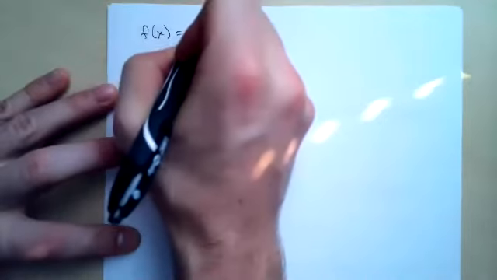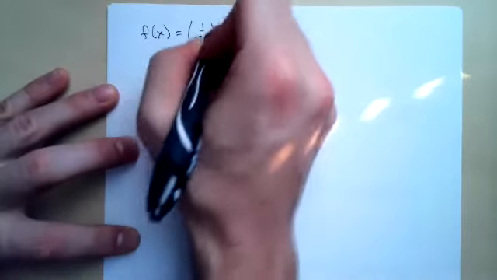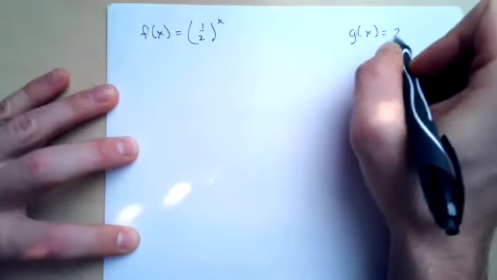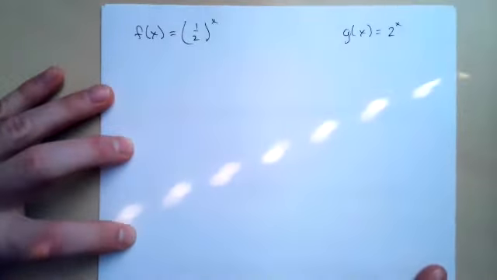And so what you can think about is when I have these fractional bases, you can play around with these negative exponent concepts. So let's say we have our f of x still as 1/2 raised to the x, and we want to compare it with g of x, which is just 2 to the x.